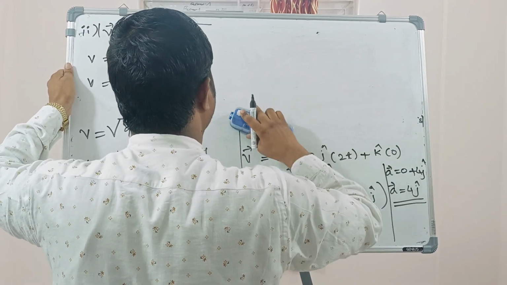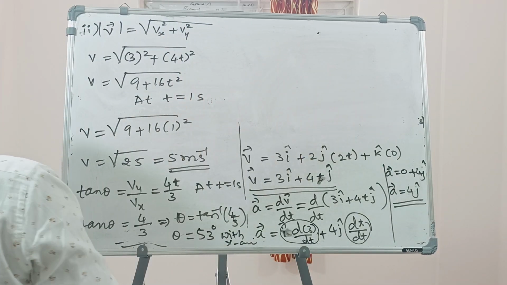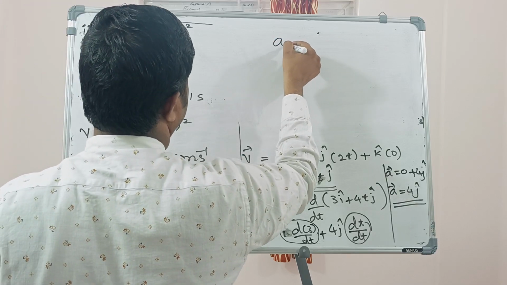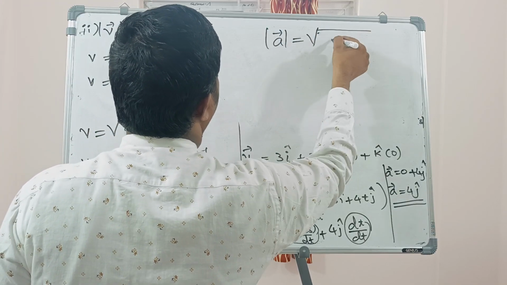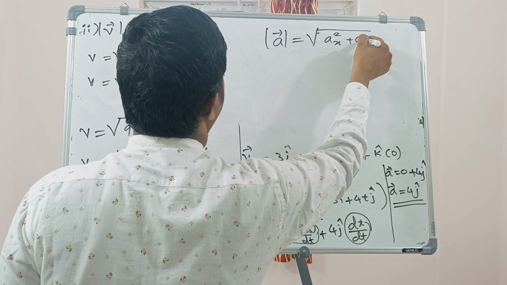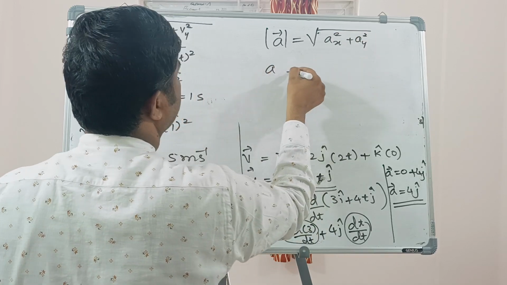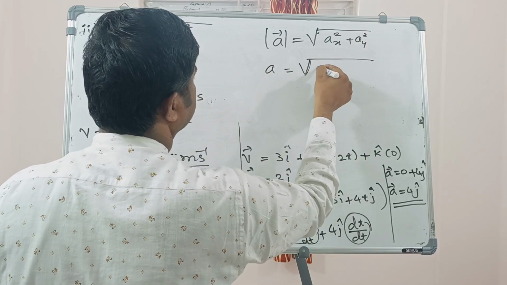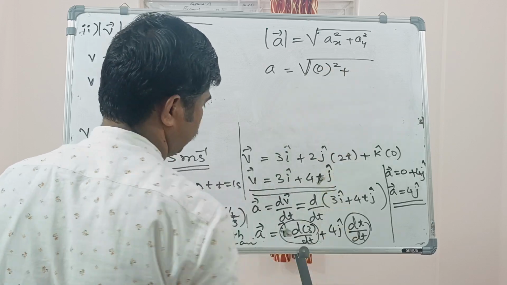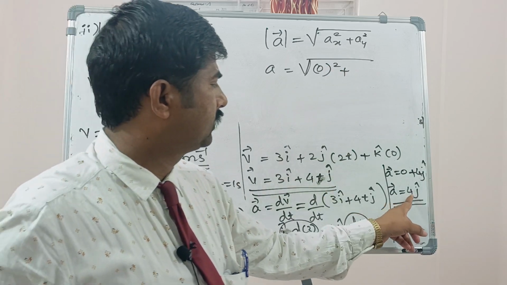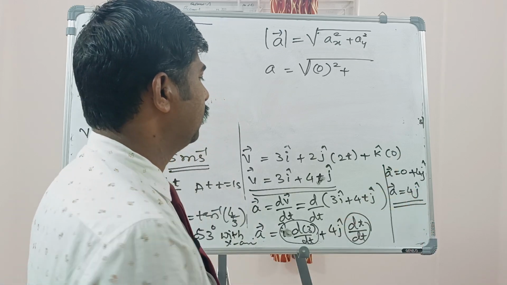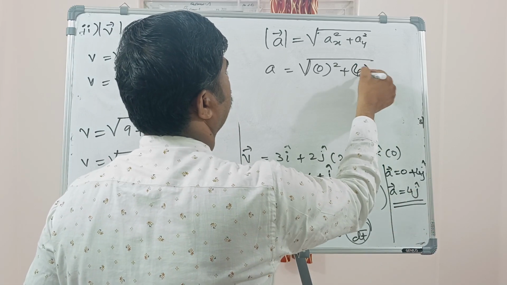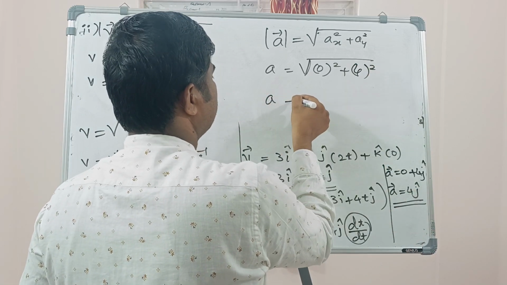See, to calculate the magnitude of acceleration, of course we will take the components, ax square plus ay square, then a is equal to the component along the x-axis. We don't have any change in velocity along the x-axis. We don't have any acceleration along the x-axis, and hence we will take only the component along this one. So in this case, what will happen?